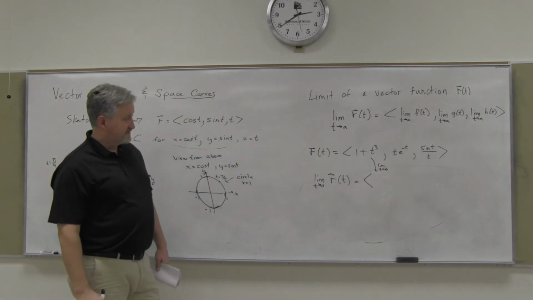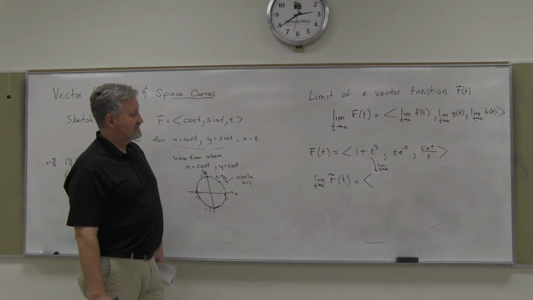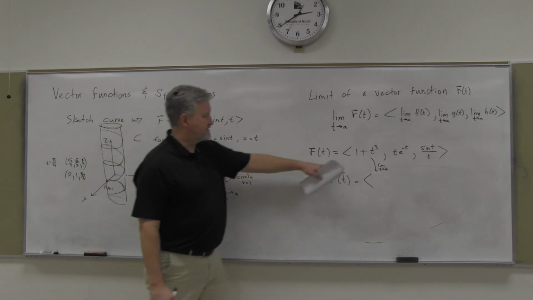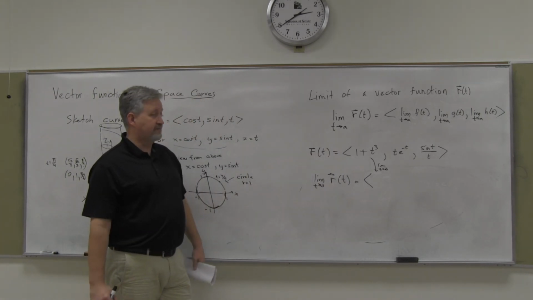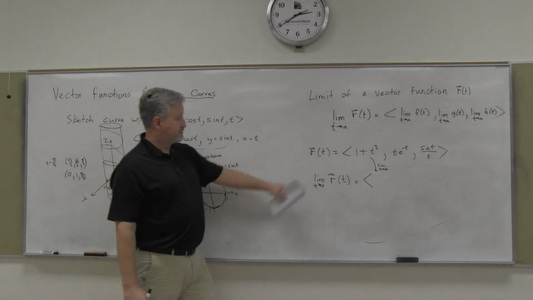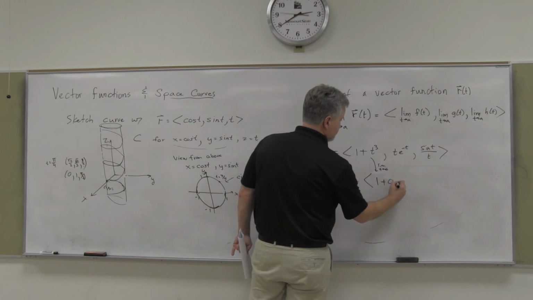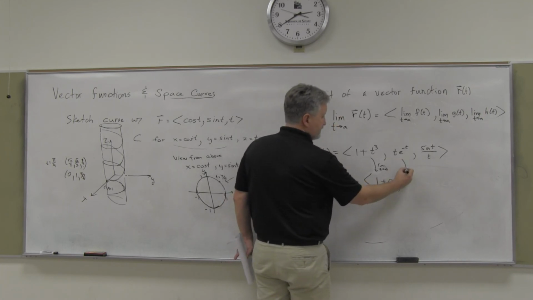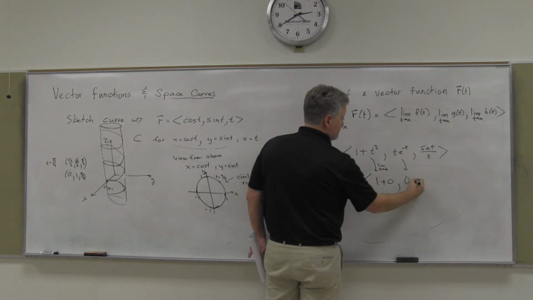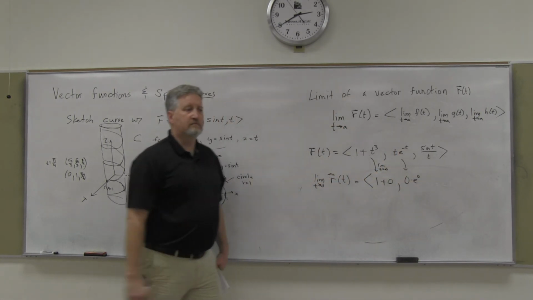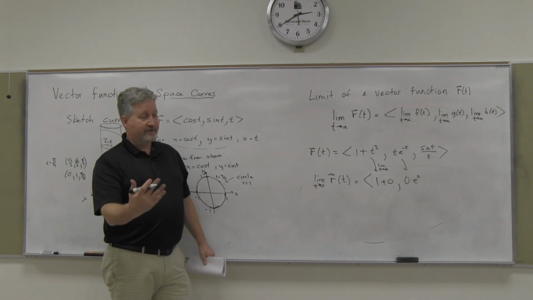Well, sometimes they are nice to us. For the limit as t approaches 0 here, there's no trickiness to it, is there? Just plug in the 0. That'd be 1 plus 0. Here, that limit would be 0 times e to the 0. There's nothing indeterminate about that. The only tricky one is the last one, right?